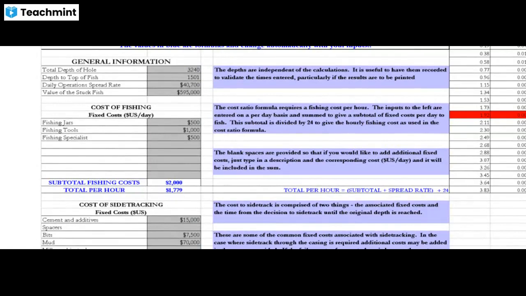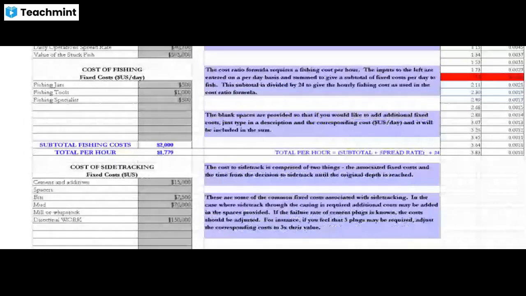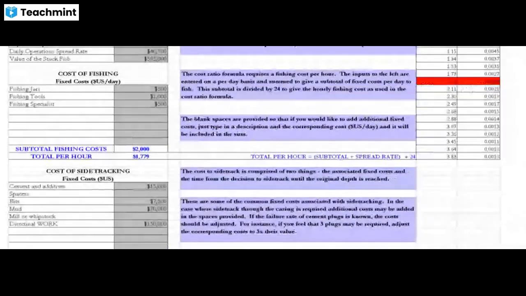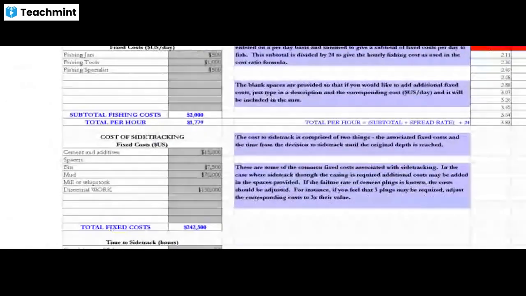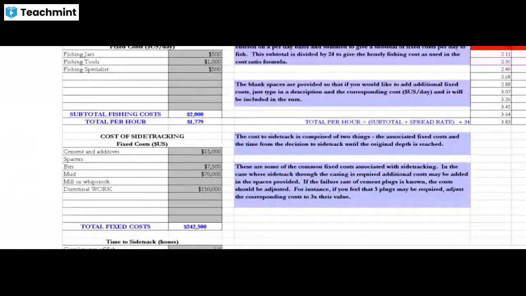This is your example of the cost of fishing, and the cost of side tracking is also shown here. The cost of side tracking is composed of two things: the associated fixed cost, and the time from the decision to side track until the original depth is reached.